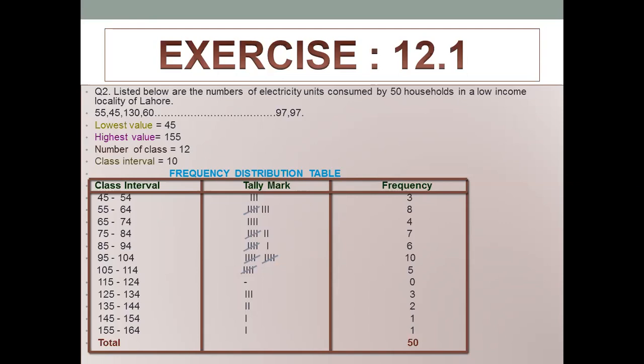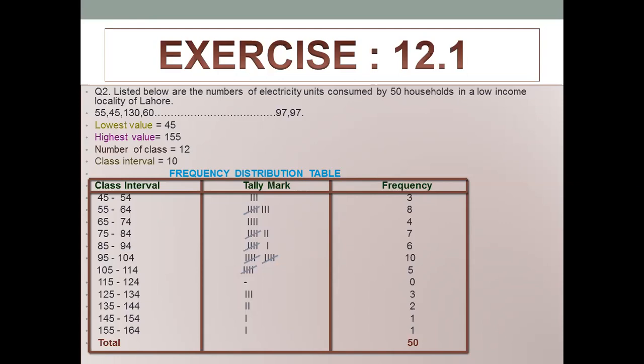Is it clear? For the tally marks, again you check in your data how many values lie between 45 and 54. There are only 3 values. Then we check 55 to 64, 8 values fall there. 65 to 74, 4 values.